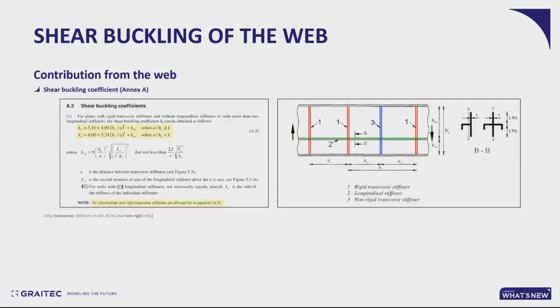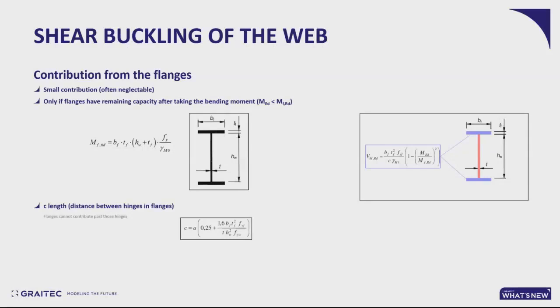Advanced Design will also compute the shear buckling coefficient, K tau, which depends on the distance between the stiffeners, so the transverse stiffeners and also the longitudinal stiffeners. But keep in mind that Advanced Design 2024 only allows for transverse stiffeners and that they qualify as non-rigid.